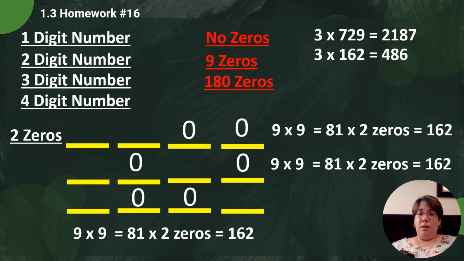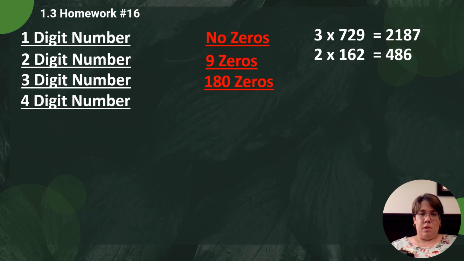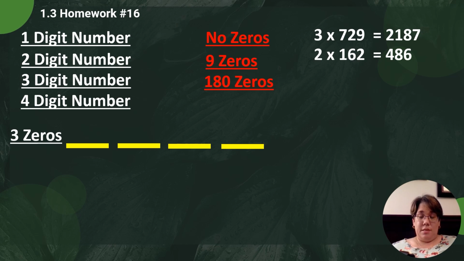Now let's look at 4 digits with 3 zeros. Okay, so we're up to 4 digits and 3 zeros. So let's think about that. Our possibilities are getting fewer, because if you really think about it, there's only going to be numbers like 1,000, 2,000, 3,000, all the way up to 9,000.